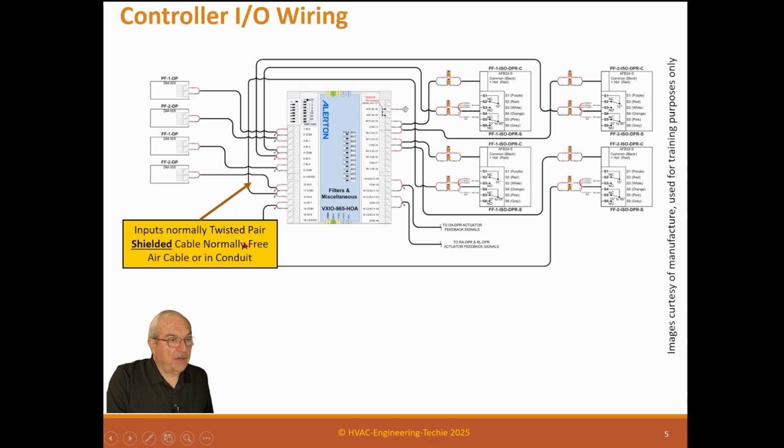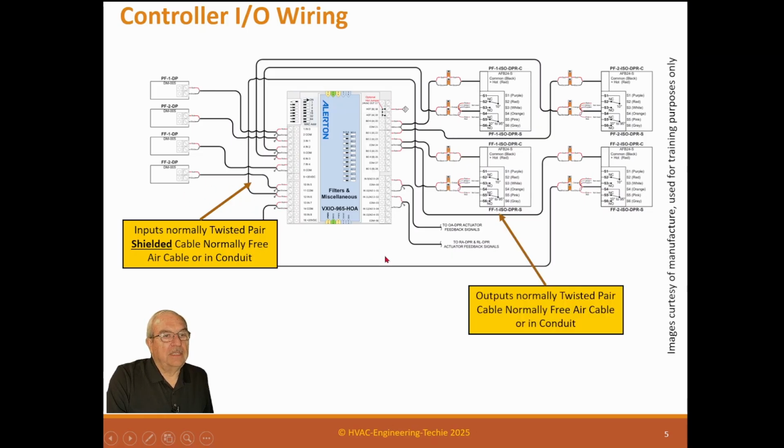They're normally free air cable, and we'll talk about that in a little bit. Then this is the control side, and this output's normally twisted pair cable, free air or in conduit. Or if it's going to a relay and it's digital, not analog, it may be a 14 gauge THHN wire, just a regular copper wire insulated with PVC.